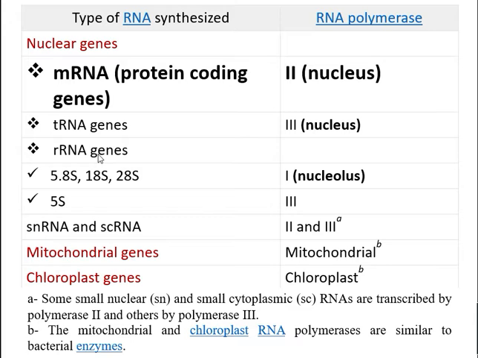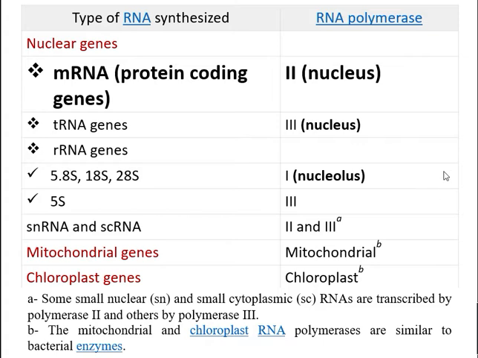Now we go to RNA polymerase 2. It is RNA polymerase 2 that transcribes the protein coding genes and forms mRNA. It has other functions also, that is the formation of small nuclear RNAs and some of the small cytoplasmic RNAs.